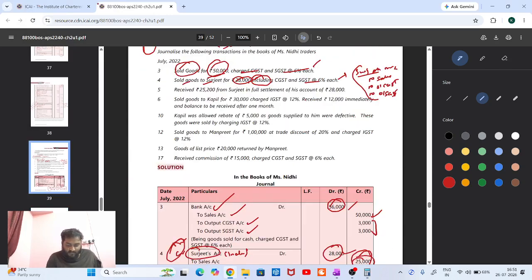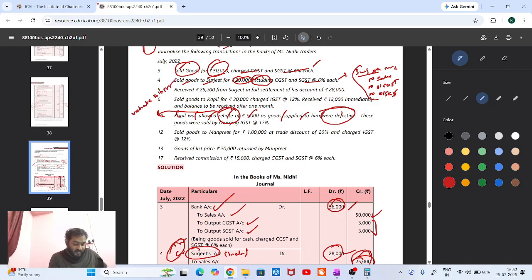What is the next question? Kapil was allowed a rebate of 5,000 as goods supplied to him were defective. The rebate is a separate account. It is not like purchase return. I mean sales return. It is not like sales rebate. So the rebate is a debit balance.